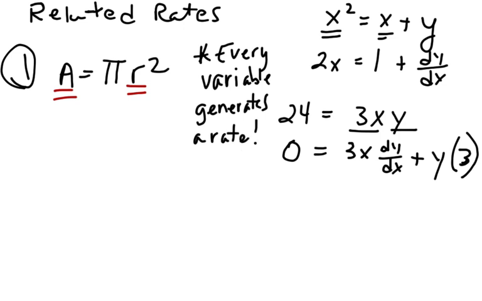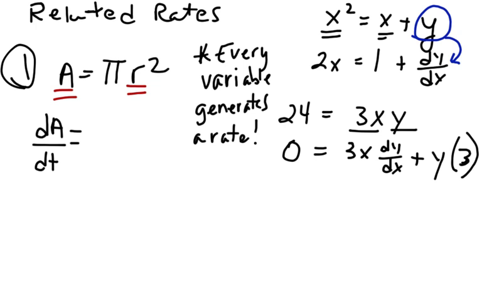Okay, so when I'm taking the derivative with respect to time of A, that's going to be dA on top, dt on bottom. Just like when I was taking the derivative of y with respect to x, it became dy/dx. Okay, so basically everything's going to have dt when we do our rates.